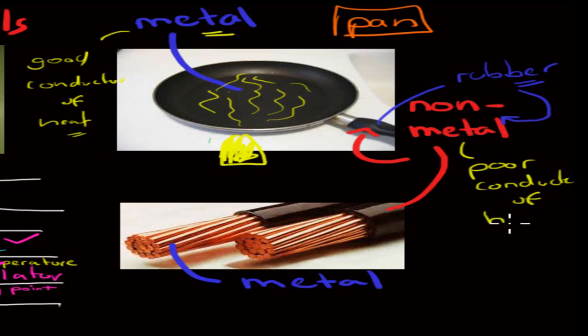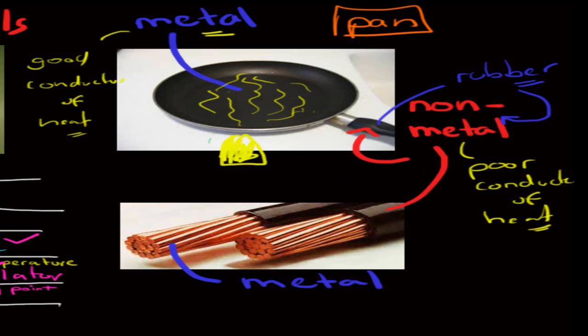Which in this case is good, because that means that heat that is in the pan is not going to be transferred to the grip, and when you actually hold on to it, you're not going to get yourself burnt, right? So we want to make sure we've got a good conductor of heat on the actual pan surface, because that will heat the actual food. But the grip itself, we want to be an insulator, so we take non-metal, because that will be a poor conductor of heat, which means we don't burn ourselves.